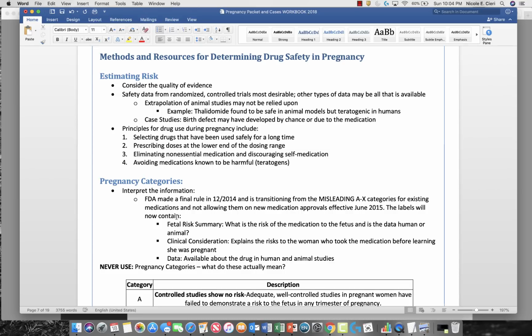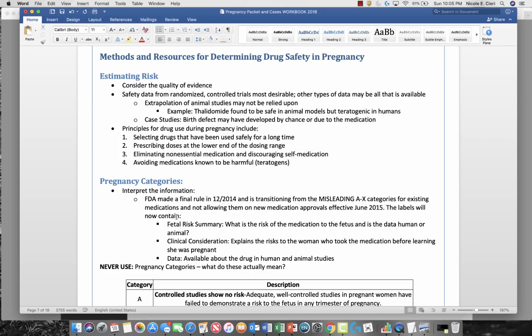Extrapolation of animal studies is usually not relied upon, and for example, thalidomide was shown to be safe in certain animal models, but we know that that later had very severe effects in fetuses that were exposed to it. Case studies might be another common place that we garner evidence from in pregnant patients, but we have to remember that the birth defect in the case studies might have developed by chance or due to the medication. We're not sure which it might be due to, so we have to take them with a grain of salt.